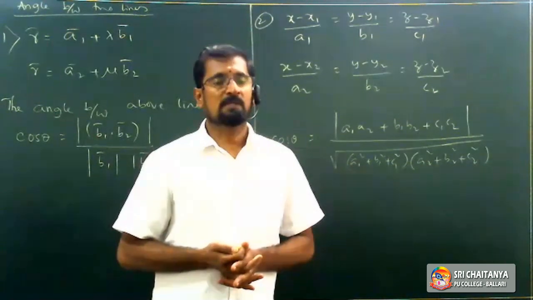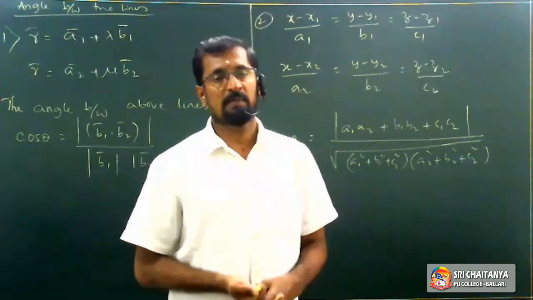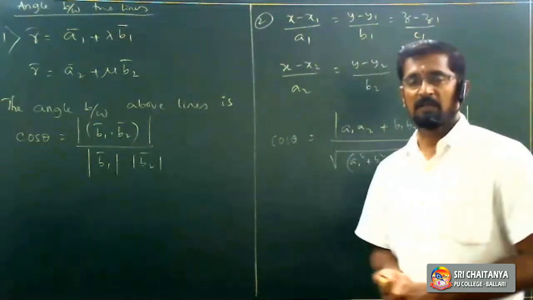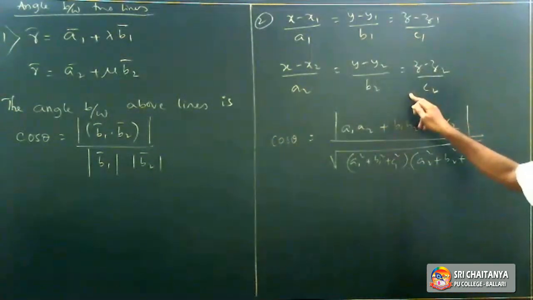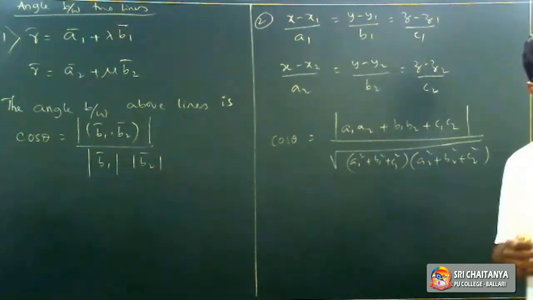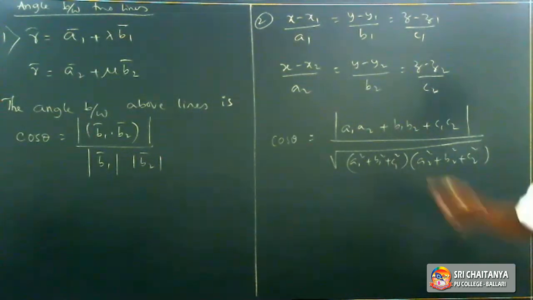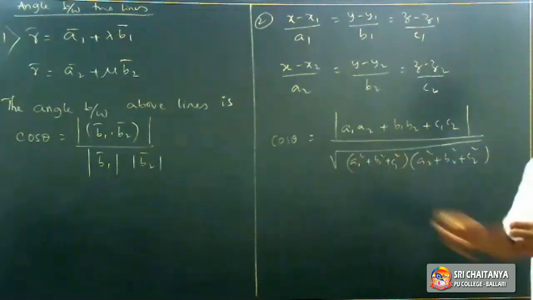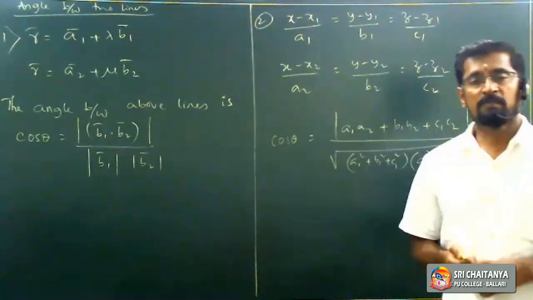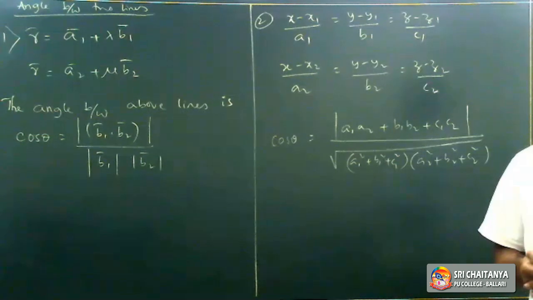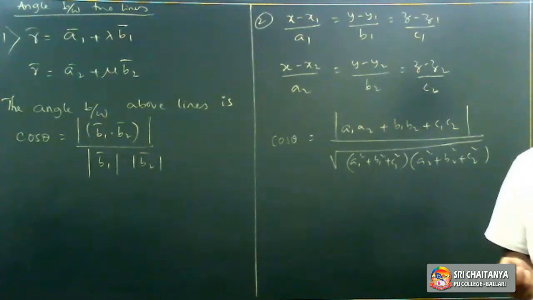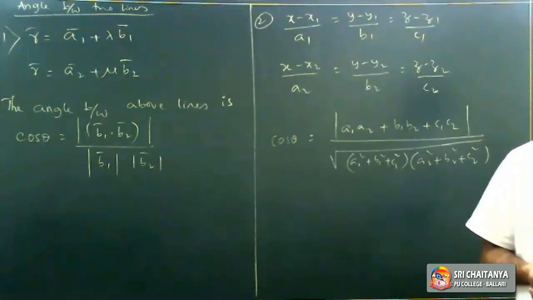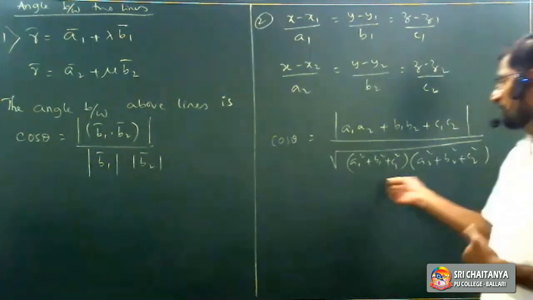If x minus x1 by a1 is equal to y minus y1 by b1 is equal to z minus z1 by c1 represents the Cartesian equations of two lines, then the angle between them is given by cos theta is equal to a1 a2 plus b1 b2 plus c1 c2 upon root of a1 square plus b1 square plus c1 square into root of a2 square plus b2 square plus c2 square. I have written two roots in the denominator, since root of AB can be written as root A into root B, right?